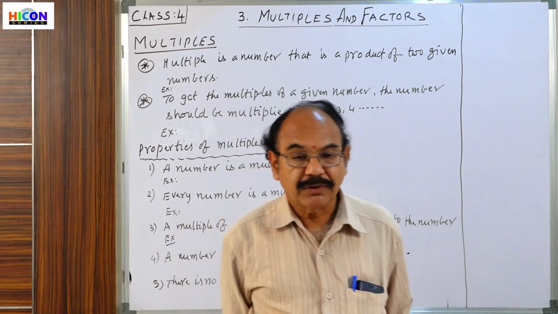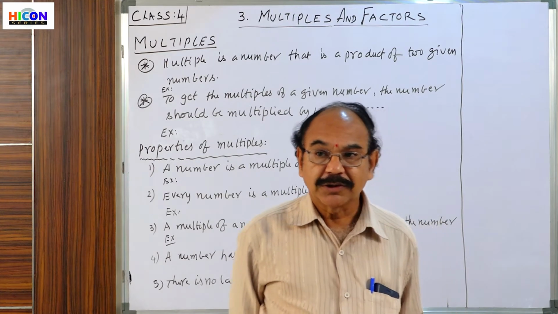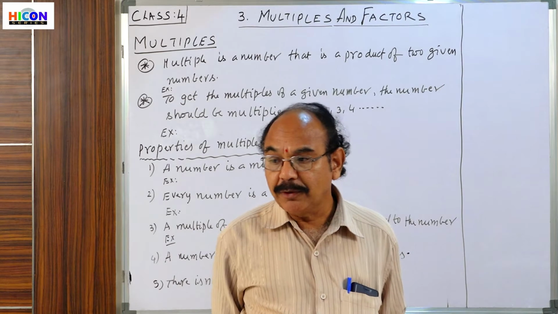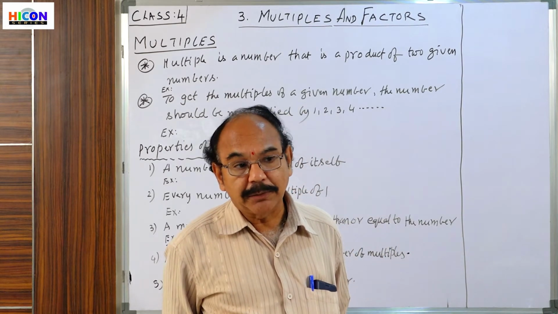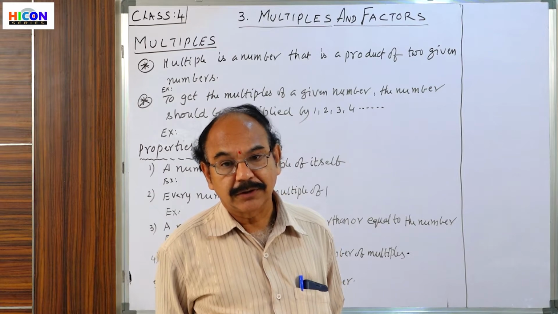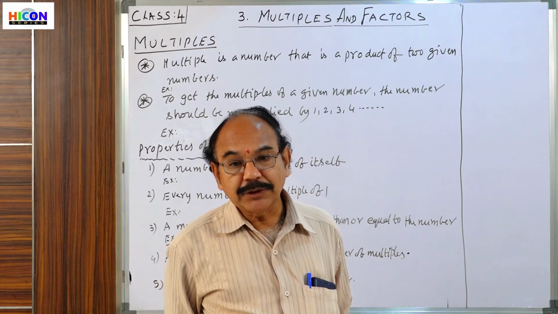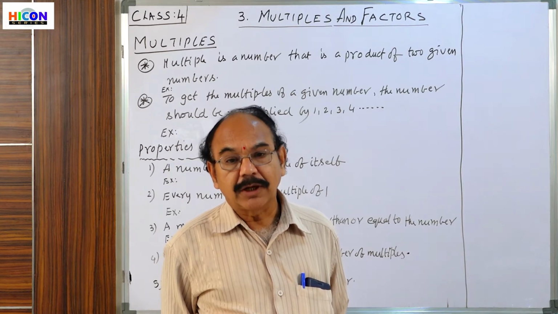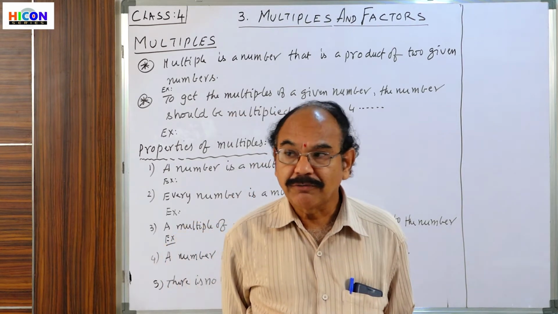That means 5 ones are 5, 5 twos are 10, 5 threes are 15. So by reading the 5 table, we are getting some numbers: 5, 10, 15, 20, like that. The numbers which we got by reading the 5 table are called multiples of 5.